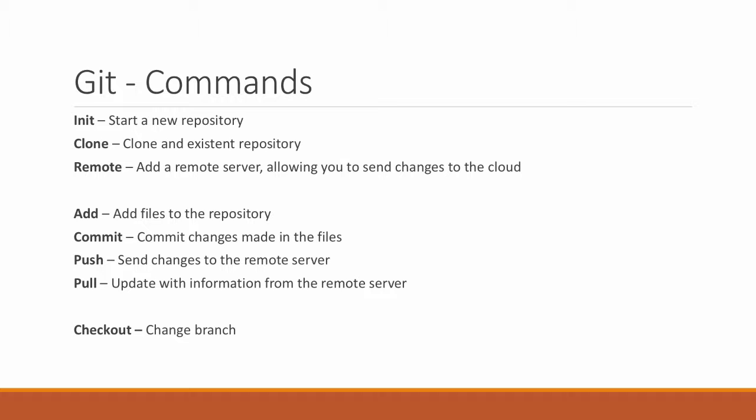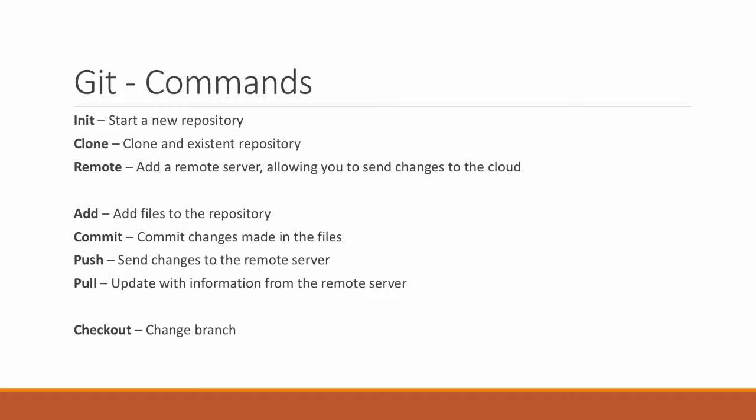Those three you will usually use just once during your project. And then you have the ones that you use very frequently. There is add, when you want to add new files to the repository, because just adding them to the folder does not necessarily add them to the repository. Commit is when you want to save the changes that you made to the files to Git.